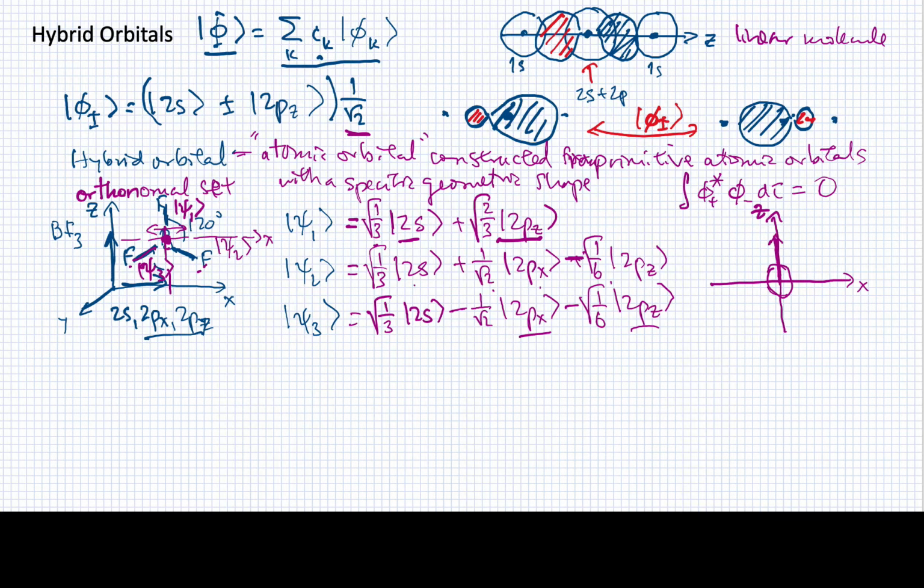And I could define the endpoint of that vector as 0 for 2px and square root of 2/3 for 2pz. That would be one way to denote that. For these others, I'm going to have a plus 1 over square root of 2 for x and minus 1 over square root of 6 for z, so it would be a vector pointing in this direction. So this is 1 over the square root of 2, minus 1 over the square root of 6.